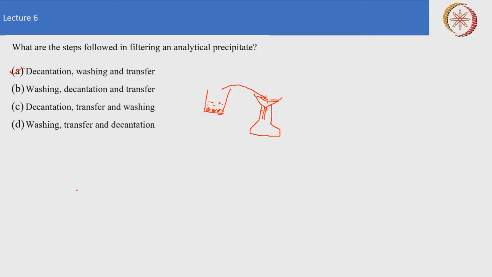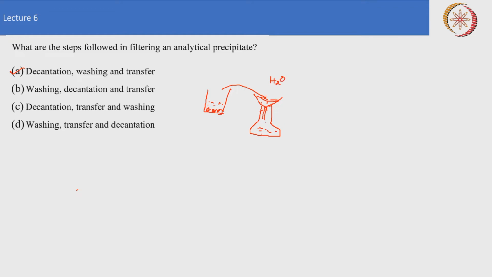So decantation means you decant onto the filter paper. So whatever liquid sample is there is coming into the conical flask, and whatever solid sample is there is on the filter paper.